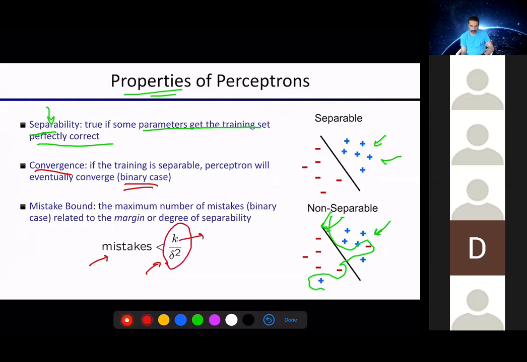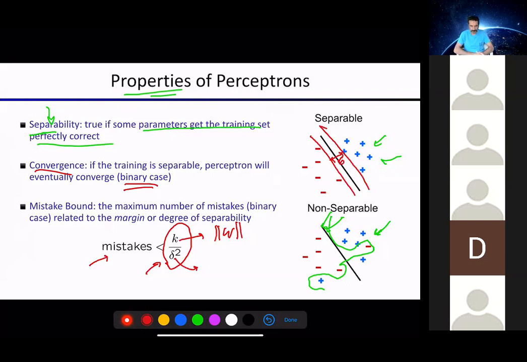K is the number of features. It's the norm of W, right? And delta is the distance between these two classes. So the distance here is what we are talking about.